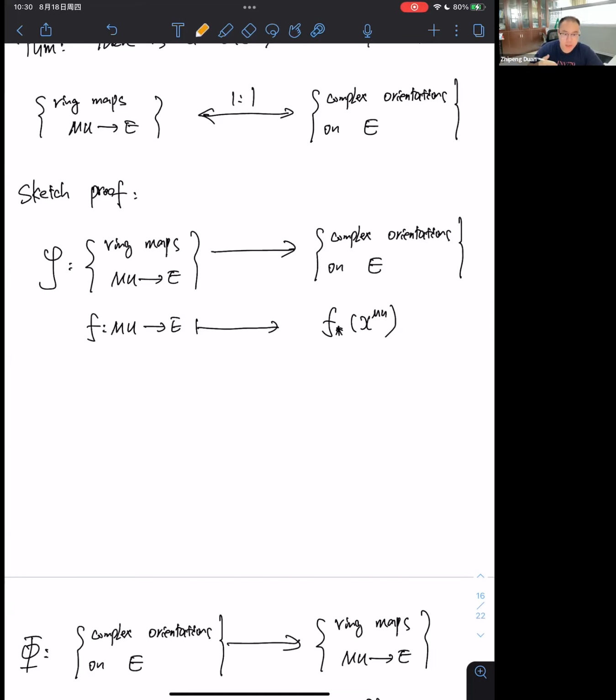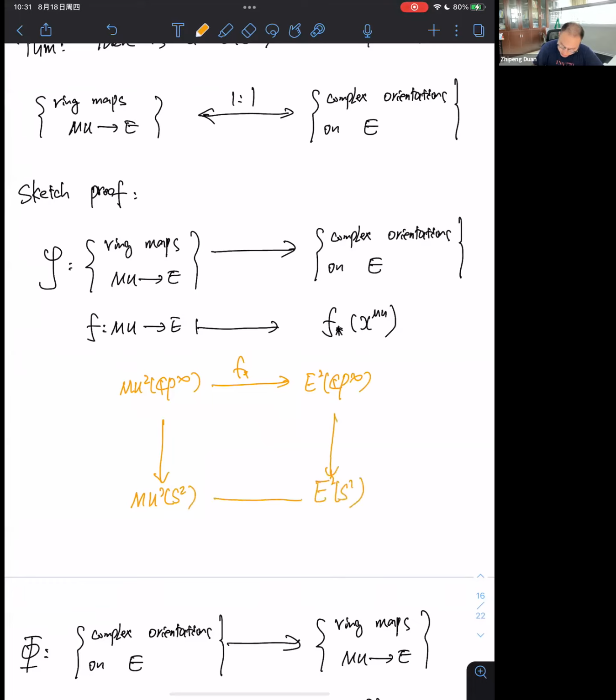So why is that? We consider the following diagram. We have the E2 of CP infinity and MU2 of CP infinity, and by the natural map f star, it maps to E2 of CP infinity, and we have a restriction map on the left-hand side and the restriction map on the right-hand side. And we have the commutative diagram, and there is a complex orientation we denote by x_MU, and by assumption it will map to the unit 1.